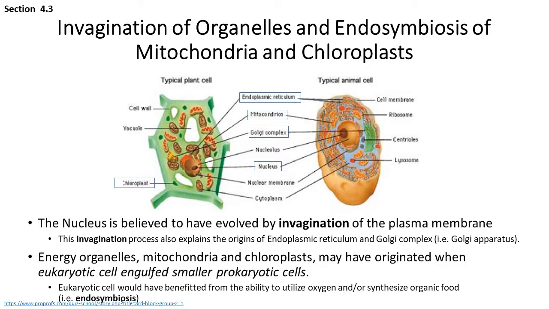So the nucleus is believed to have evolved by invagination of the plasma membrane. This process also explains the origins of the endoplasmic reticulum and the Golgi complex, which are parts of the endomembrane system. So the endomembrane system includes the nucleus, the endoplasmic reticulum, and the Golgi complex or Golgi apparatus, depending on who's talking about it.